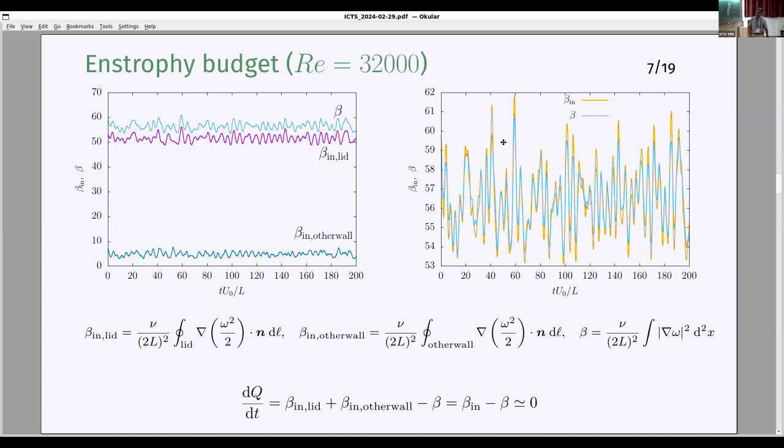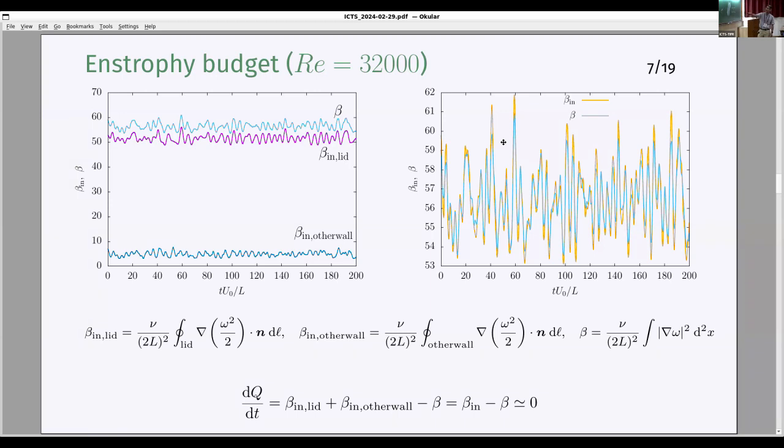So let's look at the numerical data. On the left, the top graph is the entropy dissipation rate, beta. The second one is the entropy input from the top lid. This is positive, but not equal. There is some tiny difference. The tiny difference is actually coming from the entropy input from the side wall or the bottom wall.